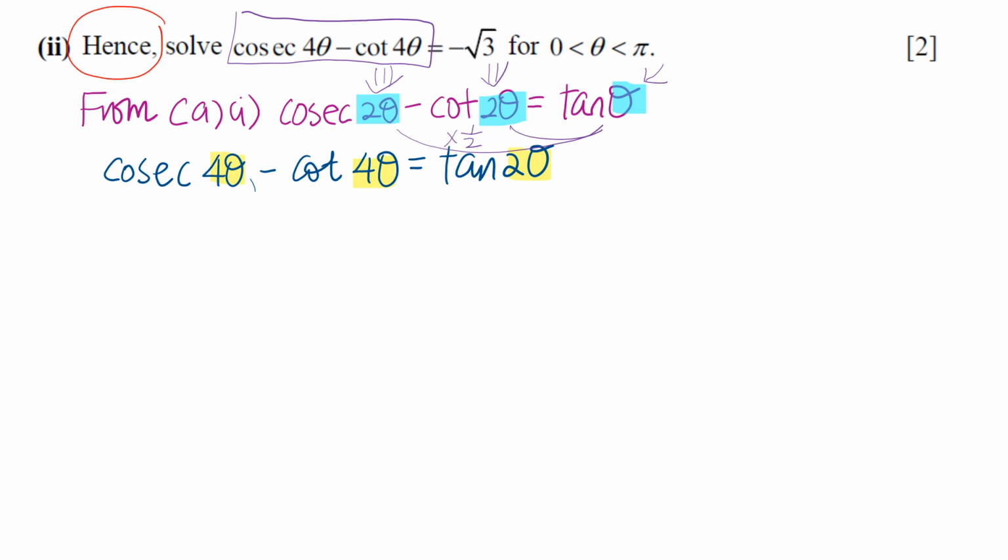And if you look at this square root 3, it will remind you of the special angle concept. And one way to remember the special angle concepts, what are the angles that are considered special?